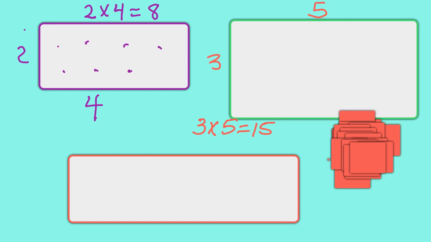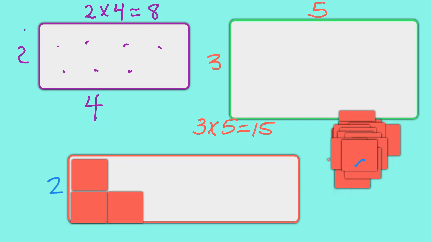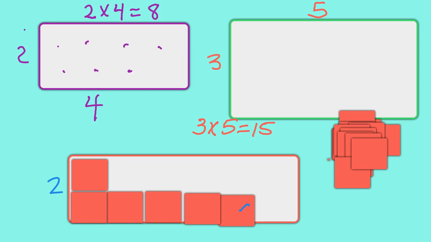Okay, so for the last rectangle, we can use some tiles to cover to see how many rows. All right, it looks like we're going to have 2 rows. And how many across? 3, 4, 5, 6. So we have 6 across and 2 rows.